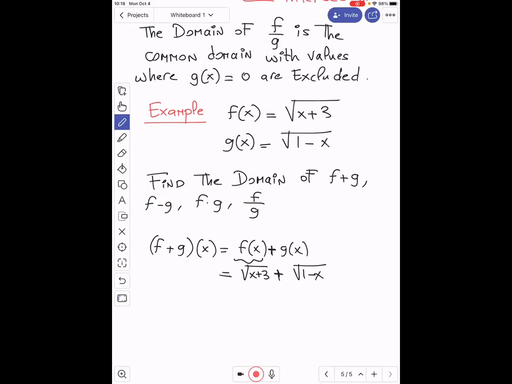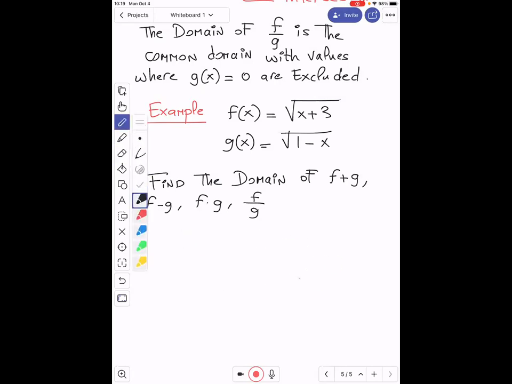You need to find the domain. If you want to find the domain of f plus g or f minus g, you need to use our theorem. We need to find the common domain, because the common domain or intersection domain is going to be the domain of f plus g, etc. So the goal here is really to find the common domain.